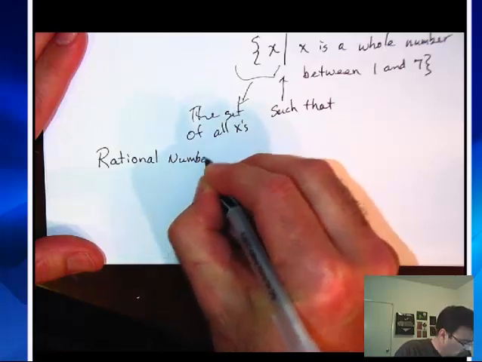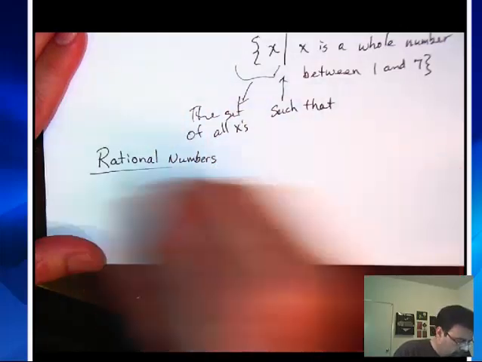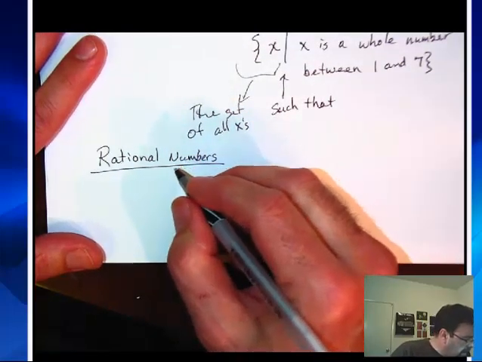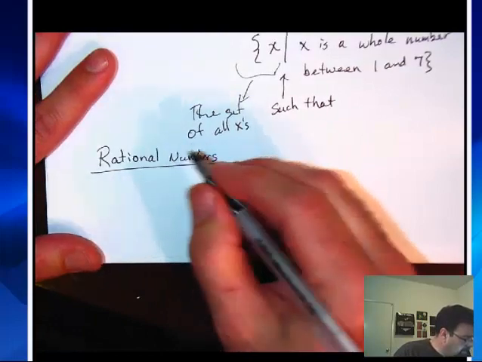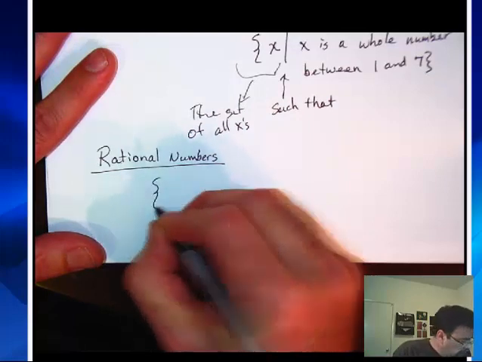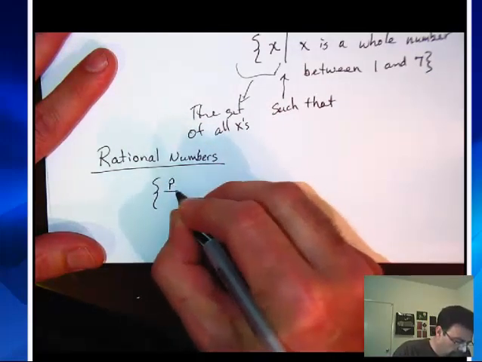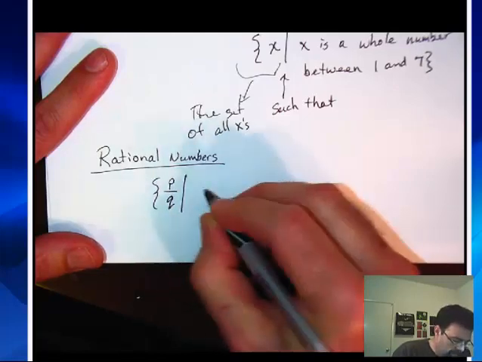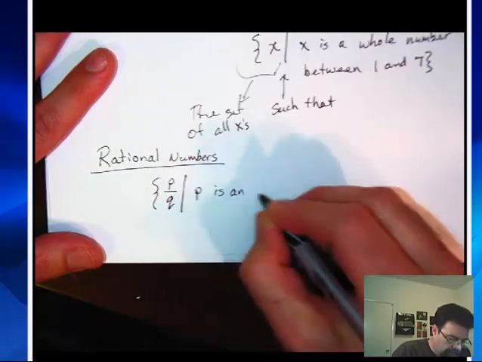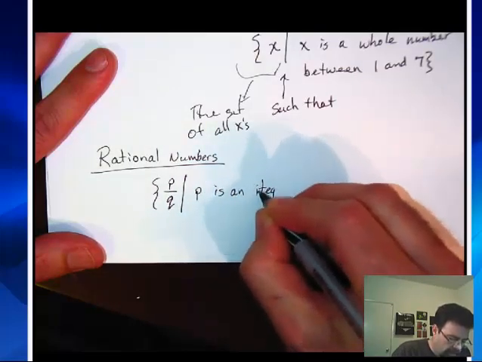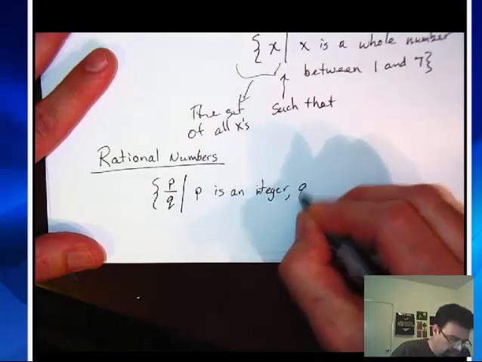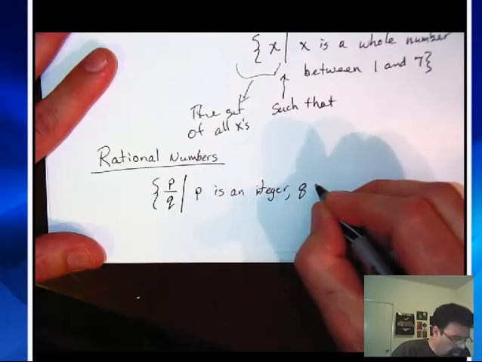Rational numbers: numbers that can be expressed as an integer divided by a non-zero integer are called rational numbers. So here's the way we write it. It's a set of all p over q such that p is an integer, q is an integer.